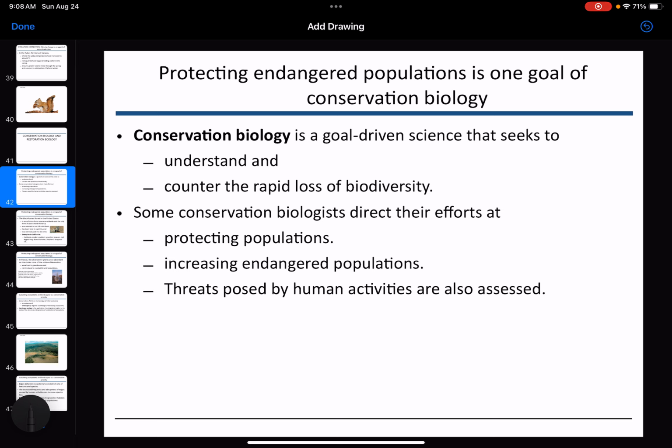You know, how is it that one organism is influenced by another, right? At this point, we would understand things like food webs and such.